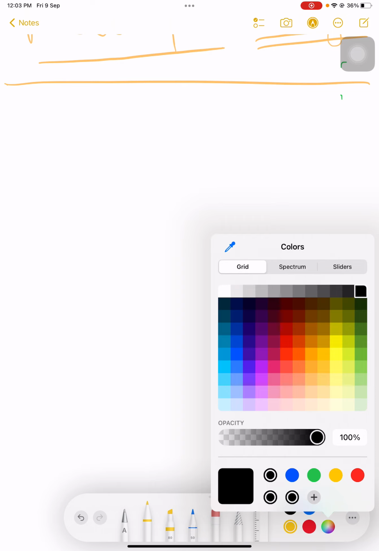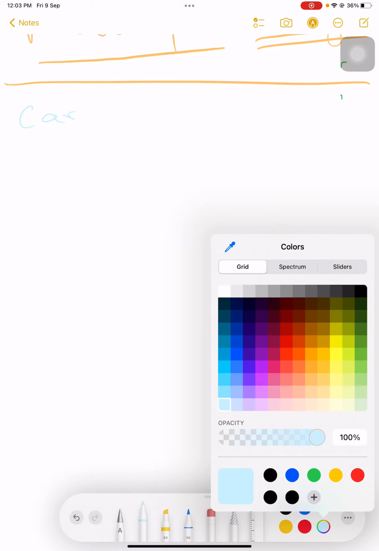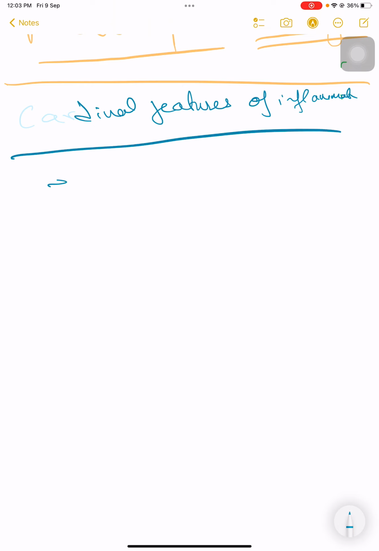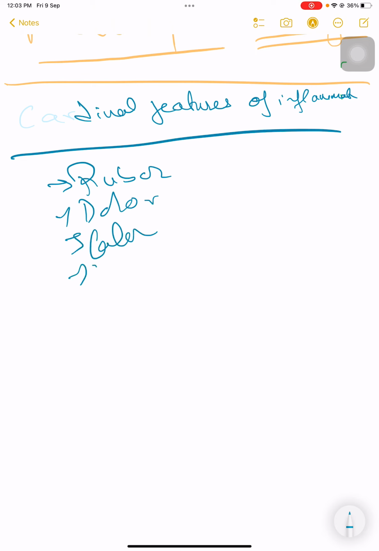Which is termed as inflammation, and which is not termed as inflammation, that comes from the cardinal features of inflammation. The cardinal features of inflammation are rubor, dolor, calor, tumor, and functio laesa.